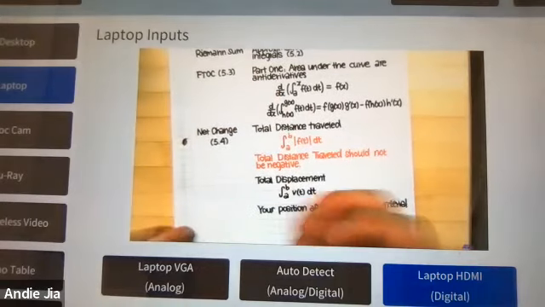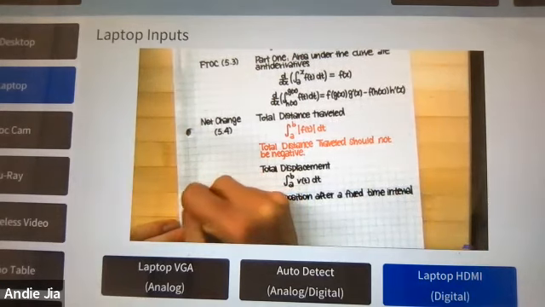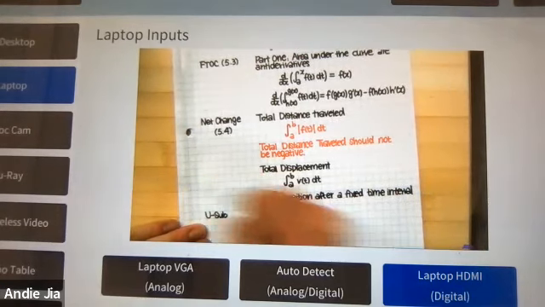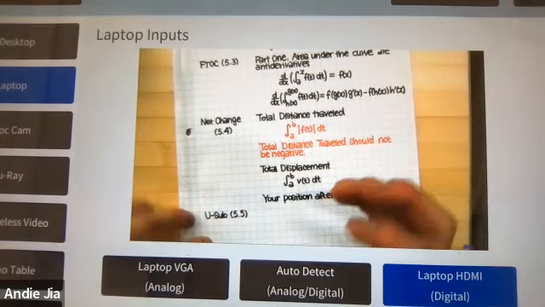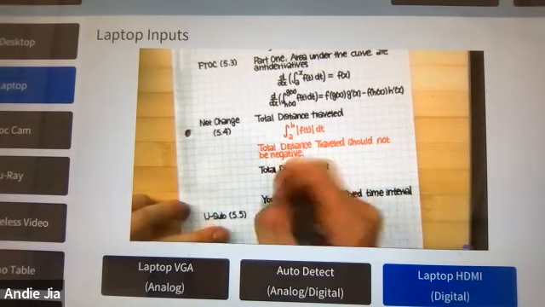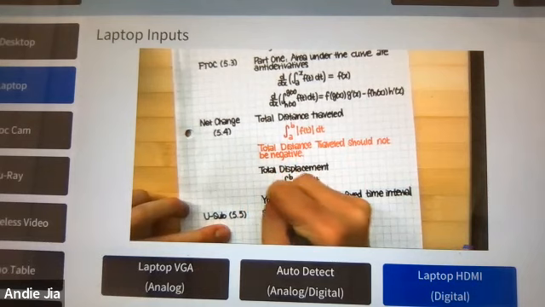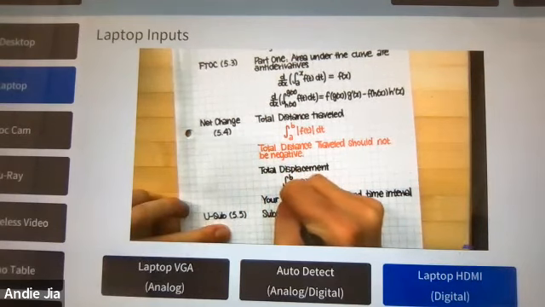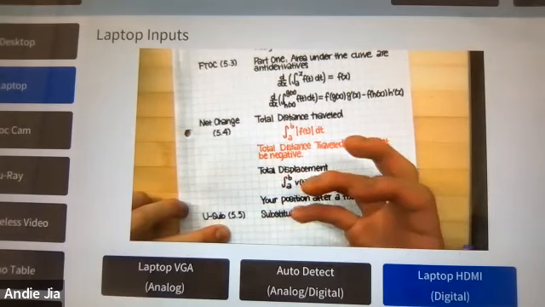And then it's the U substitution. We call it u-sub. It is to make a substitution that makes the integral easier to solve, and integrating composite functions.